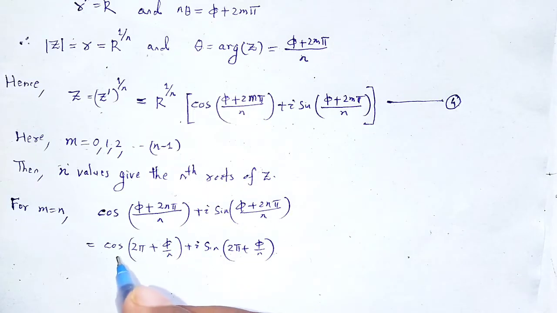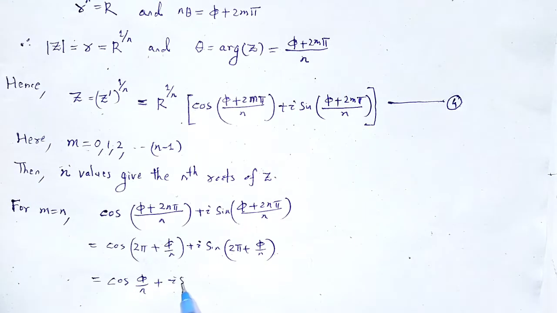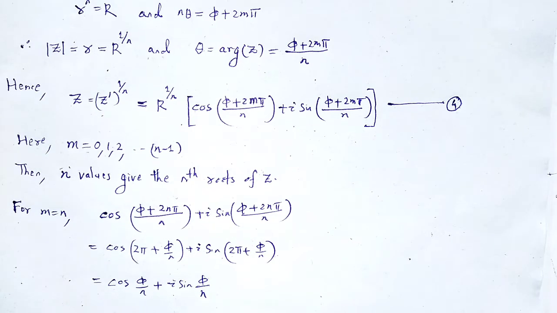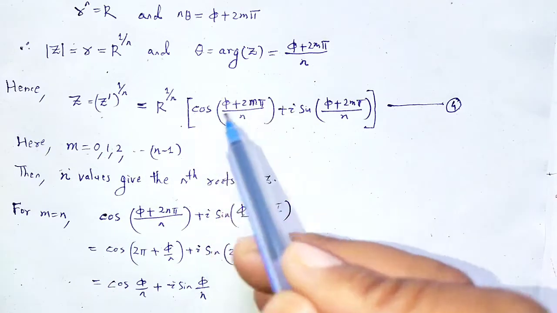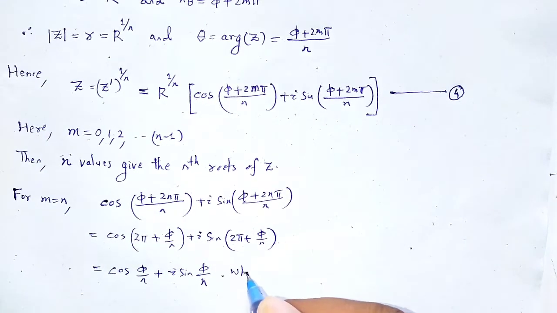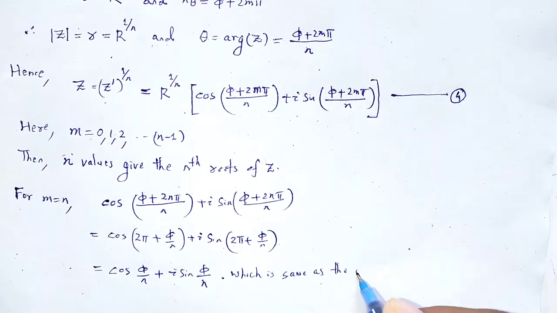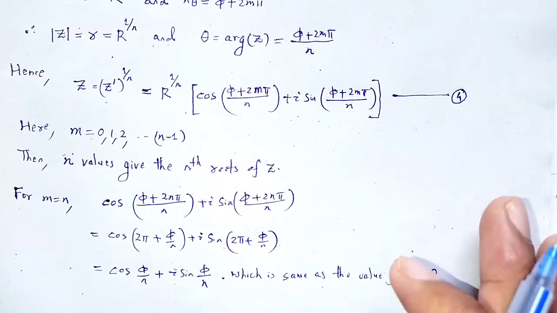Here cos (2 pi plus theta) is equal to cos theta, and sin (2 pi plus theta) is equal to sin theta. So we get cos phi by n plus I sin phi by n. That value we also get when we put m equal to 0. When we put m equal to 0, that term converts to cos phi by n plus I sin phi by n, which is the same as the value for m equal to 0 also.